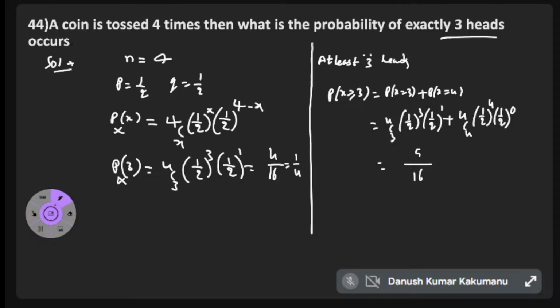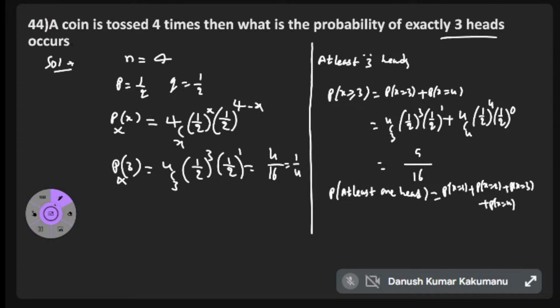Which question is this? Binomial distribution. Are you understanding? Same question, if they ask the probability of at least one head. How to write it? 4 coins are tossed, and at least one head means P of x equal to 1, plus P of x equal to 2, plus P of x equal to 3, plus P of x equal to 4.